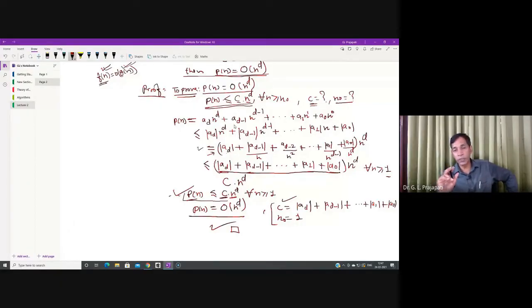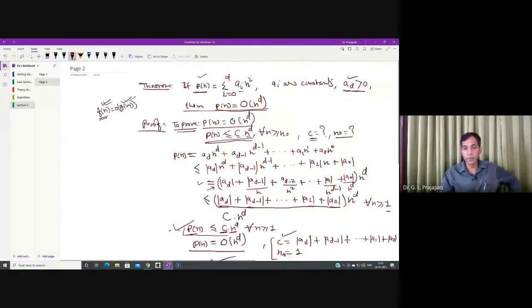So now you have proved that if you have a polynomial of degree d, then you just say that P of n is big O of n raised power d. You don't require to determine what should be the value of C, what should be the value of n0. It will hold.